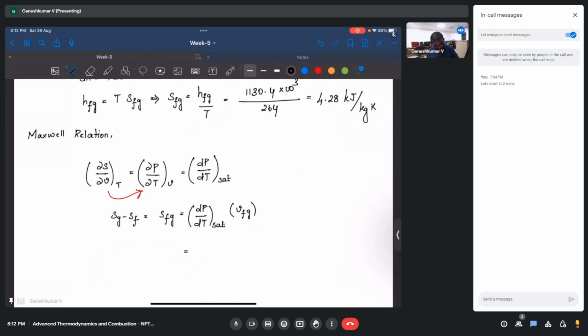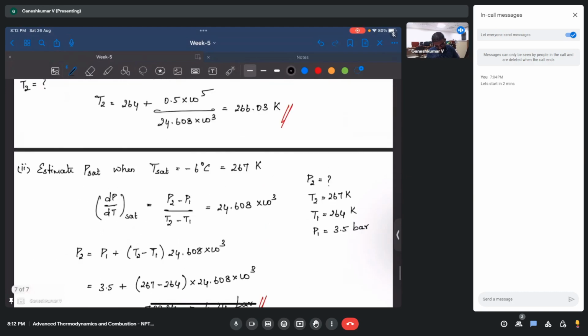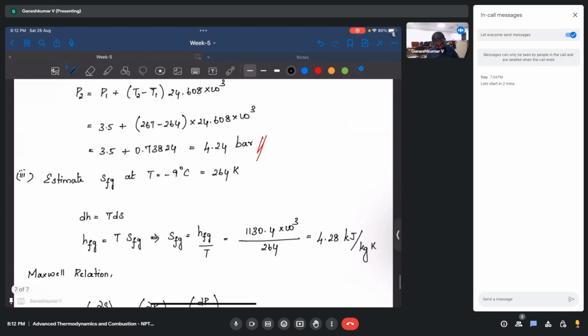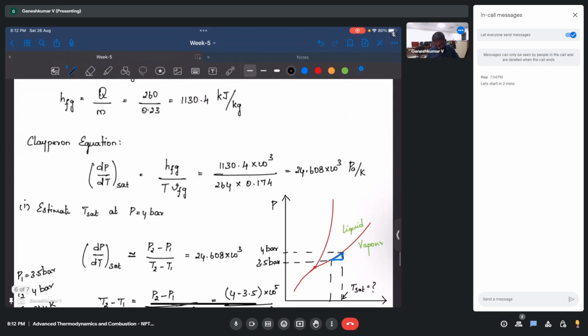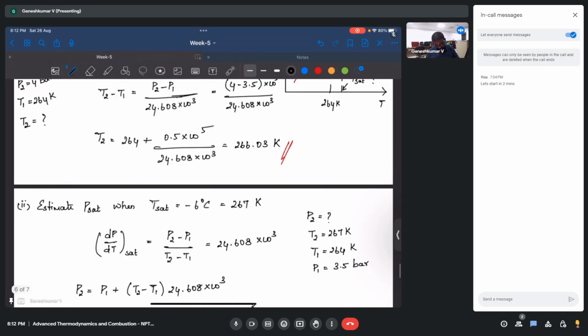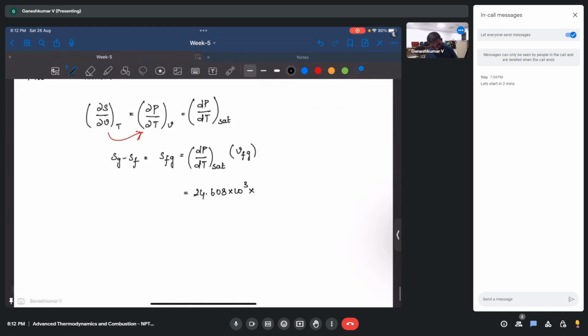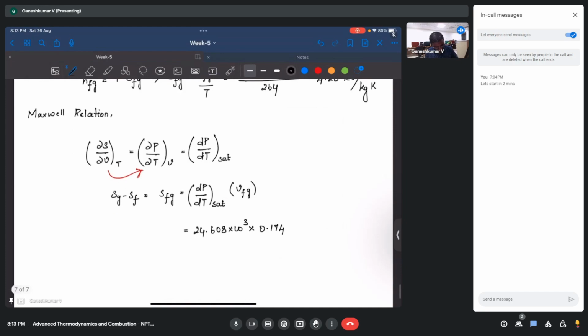Let's multiply these two things. dP by dT sat we already know, 24.608 into 10 power 3, into v_fg. v_fg is 0.174 meter cube per kg. Let's multiply these two, 24.608 and 0.174. So 4.28 again, same thing.